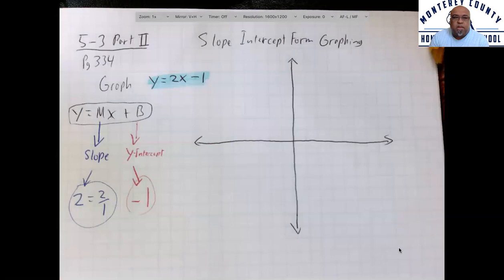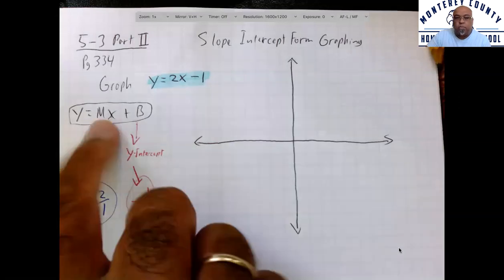And then you have direct variation, y is equal to kx. And then you have the parent form, the linear parent form, y is equal to x. And then the function form of the linear parent form, which is f of x is equal to x. And then you have the slope-intercept form, which is y is equal to mx plus b.